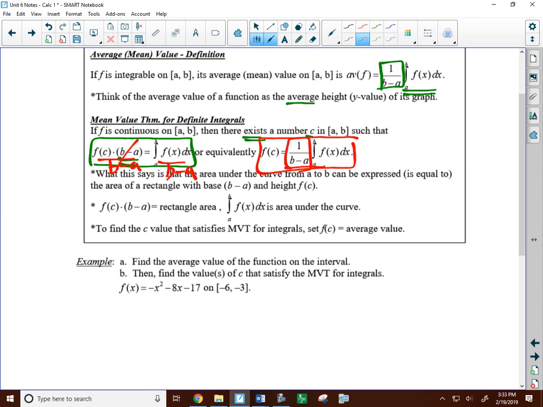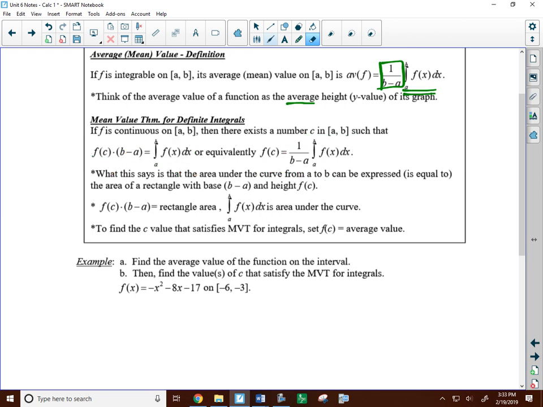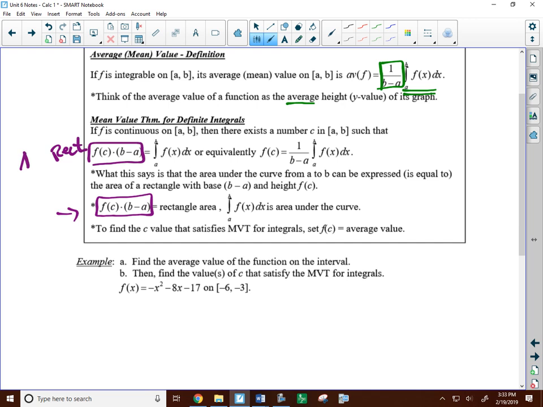Now, sometimes this one in red is used a little more. I think conceptually, though, the green one makes a little more sense. Here's why. I'm going to this one right here. The left side of the equation is the area of the rectangle. So b minus a, that's the base of the rectangle.